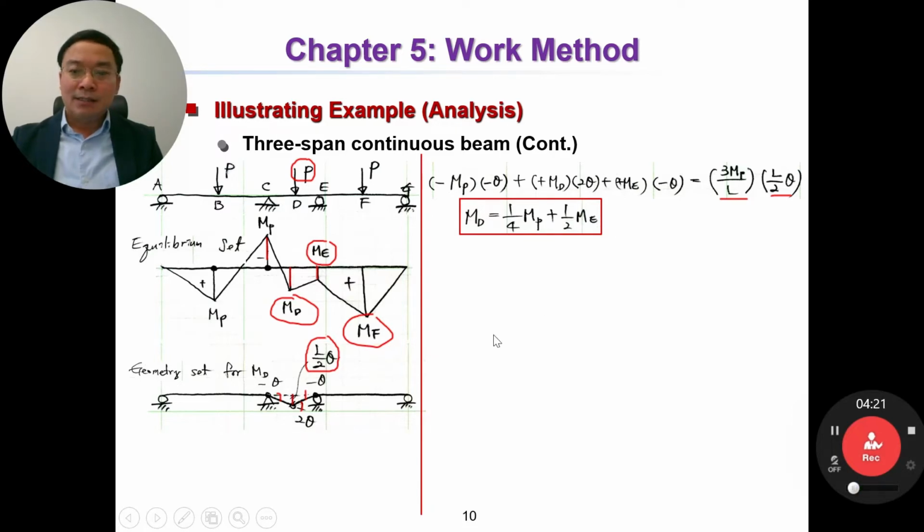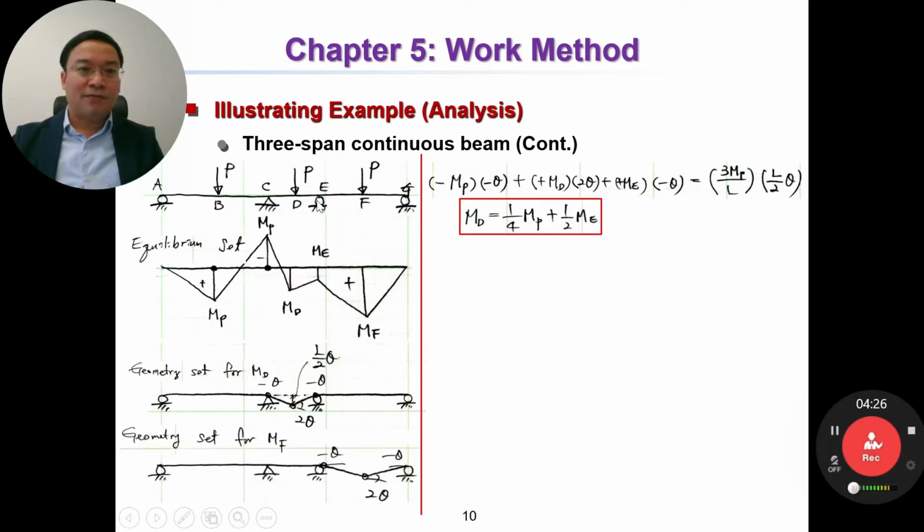Okay, so similarly for MF here, for MF, the displacement set, or geometry set, for MF is like this. Again, we have minus theta, 2 theta, and minus theta. That is the displacement set, and we also have the equilibrium set, including ME, MF, and here is 0.